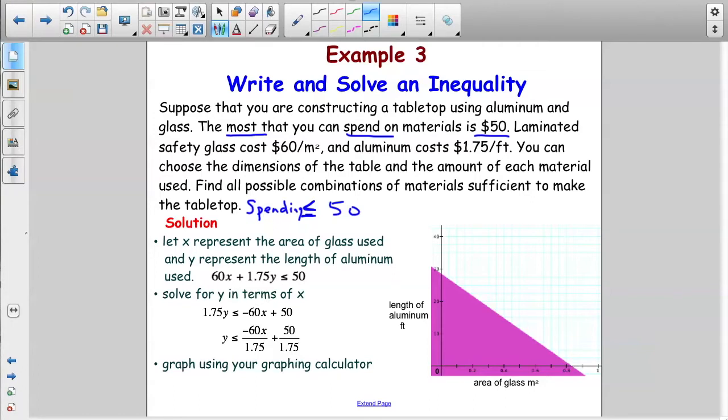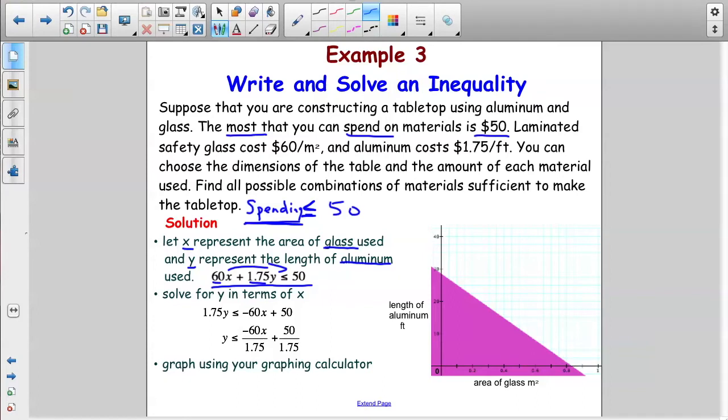Okay, what are we spending money on here? Well, your X represents the glass, so that's 60. And your Y represents the aluminum, which is 1.75. So those two added together have to equal that. So there's my expression. Okay, now we just work it down till we get into Y equals. So I move that over.